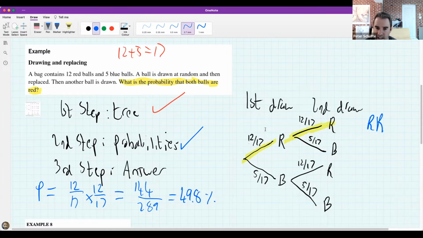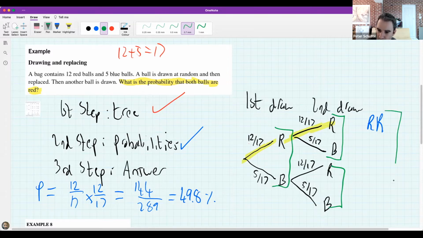Okay, so each of these parts will add up to 1. Every time you make a choice, that bit will add up to 1, and this bit would add up to 1. So I wouldn't stress too much about that 1 per se, because there's a couple of things adding up to 1.